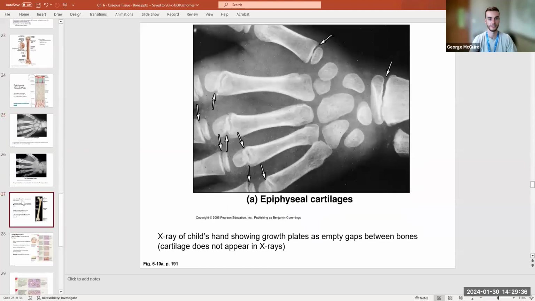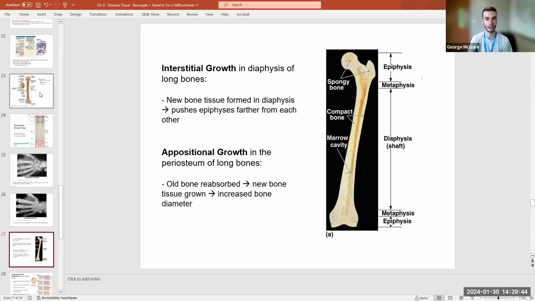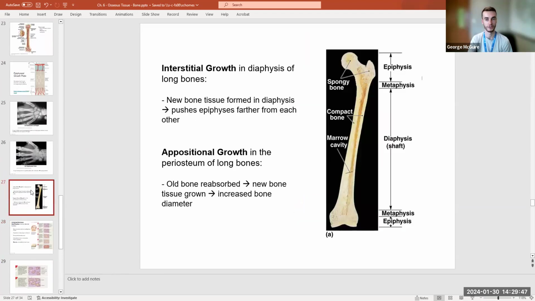I'll come back to this in a second. Just because I talked about the growth, I want to make sure I touch on it. So in long bones, after development, which was what that endochondral ossification was, we then have interstitial growth and apositional growth to increase the length and increase the diameter of these bones.